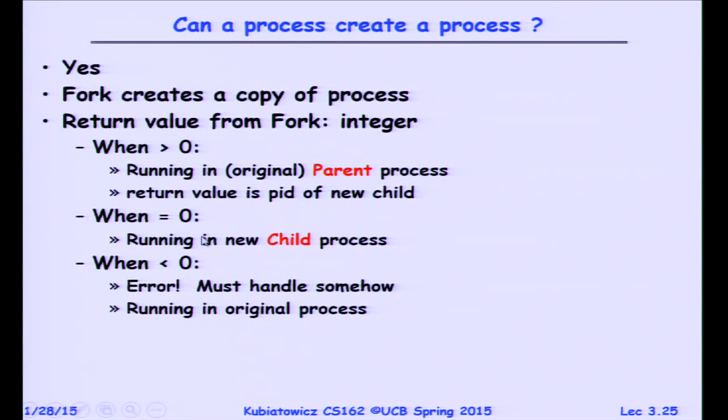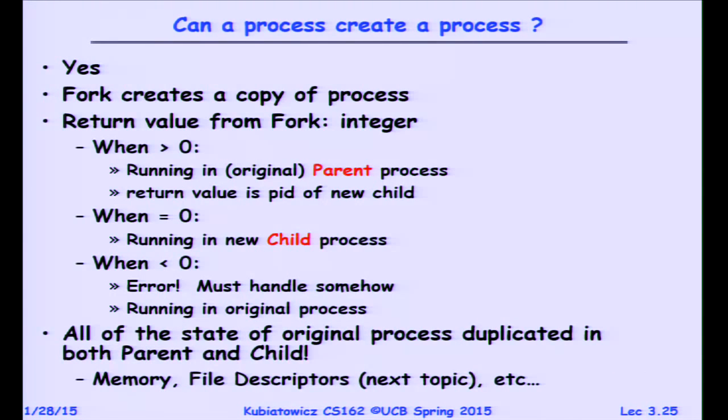Or when it's 0, you're actually running in the new child process. And if it's less than 0, then there's an error. So fork is a really funny call. You call fork, and it returns twice. Once in the original process and once in the child. By the way, we call the resulting new process a child. All of the state of the original process is duplicated. Memory, file descriptors, everything. Okay?